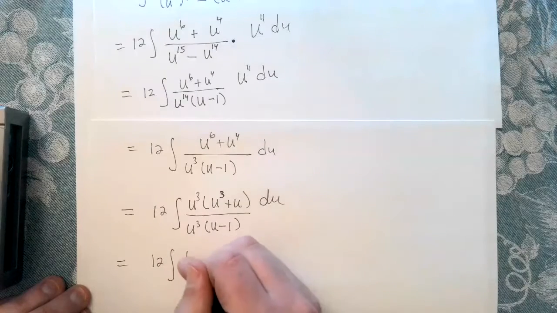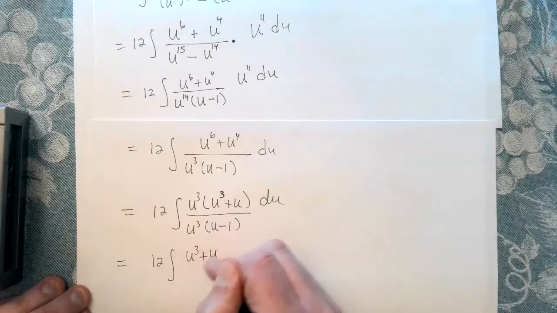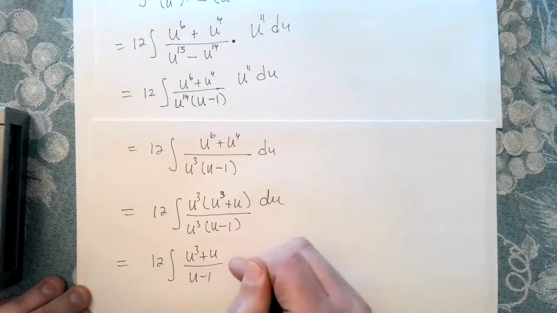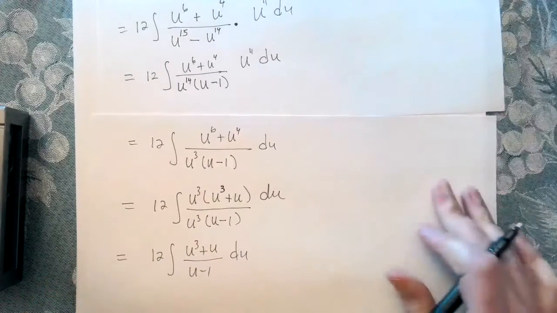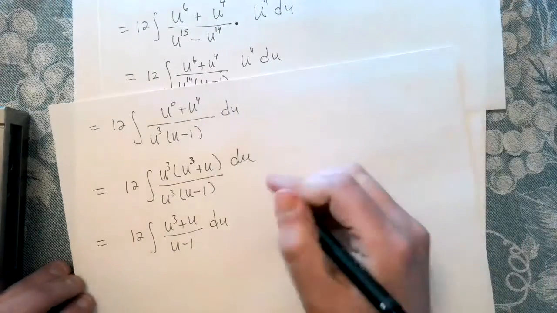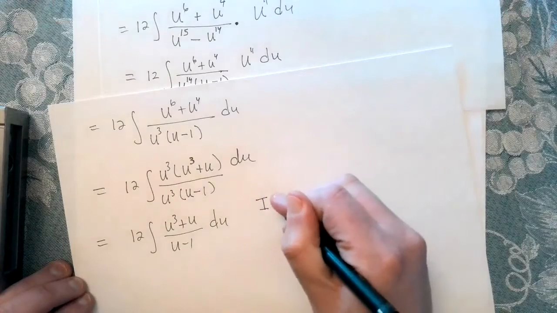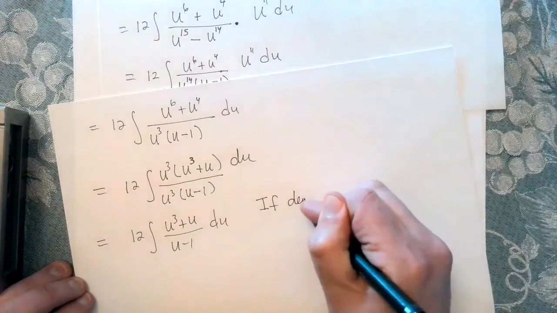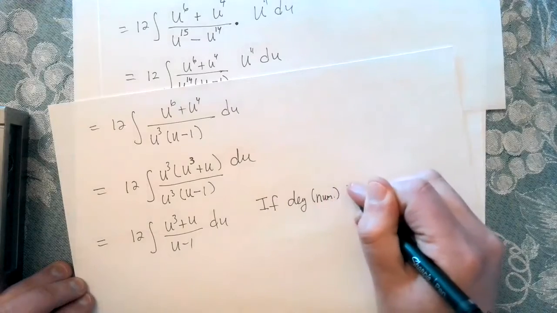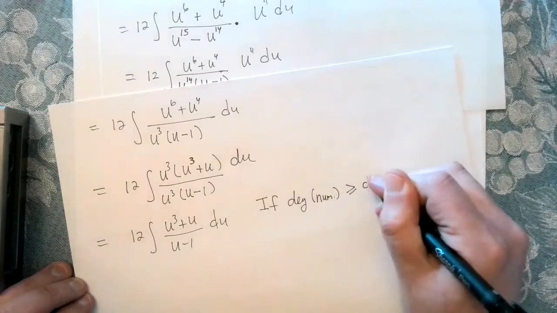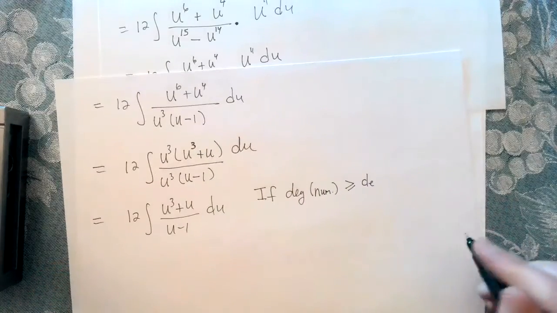So now this looks like a more typical Calc 2 type integral. Now you want to recall something from Calc 2 here. So if the degree of the numerator is greater than or equal to the degree of the denominator, we want to do long division first.